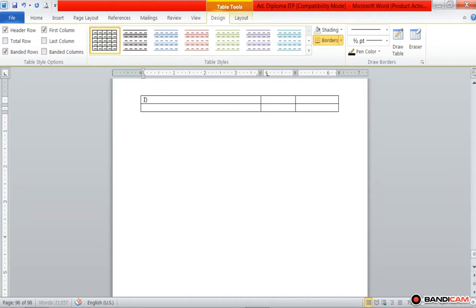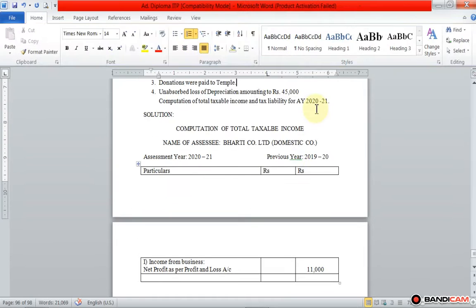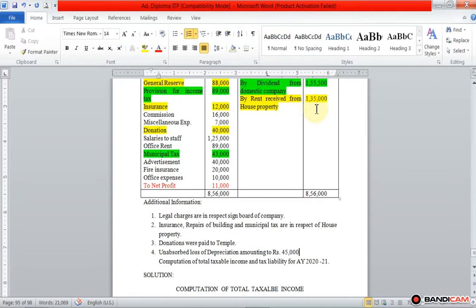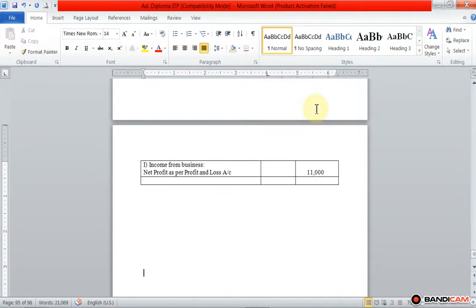Here the first point is income from business. So here, net profit as per profit and loss account is given, that is 11,000. We write the net profit here, 11,000.